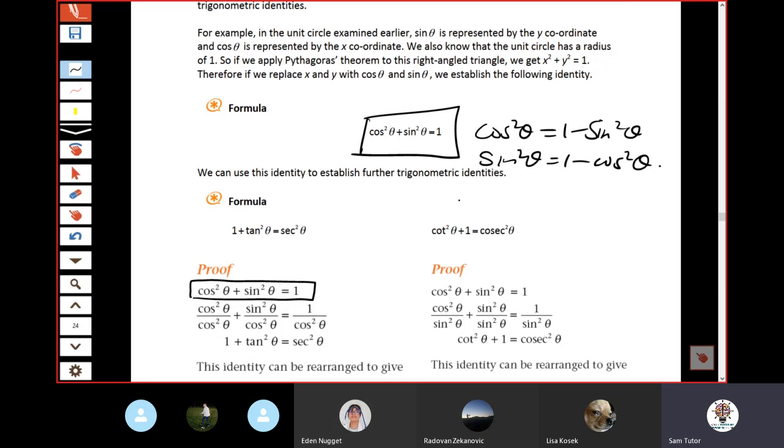Because imagine the question said to prove sec squared, and you've proven cos squared. Well, sec squared is 1 on cos squared, so it's just going to be 1 on 1 minus sine squared.